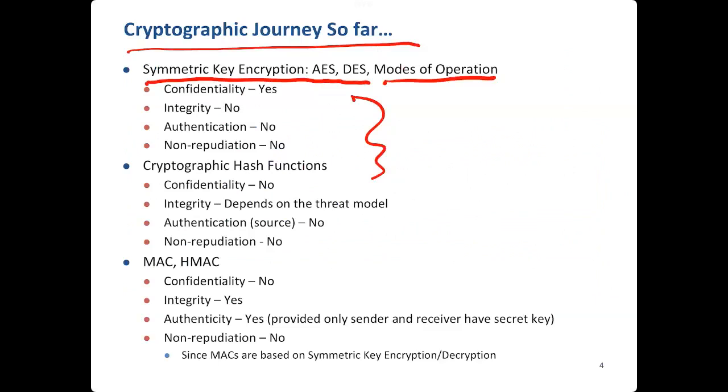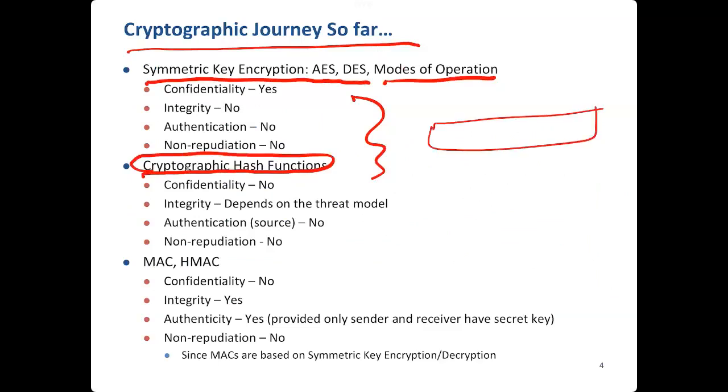And then we saw the cryptographic hash function, where for a big piece of data, for example a file, we can create a small hash. Now this hash represents this file or data uniquely.